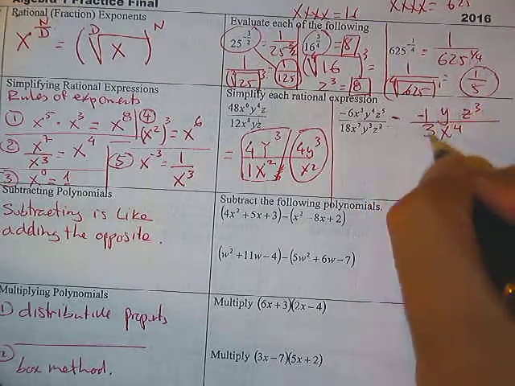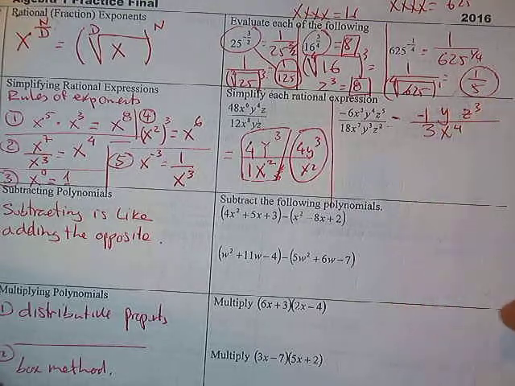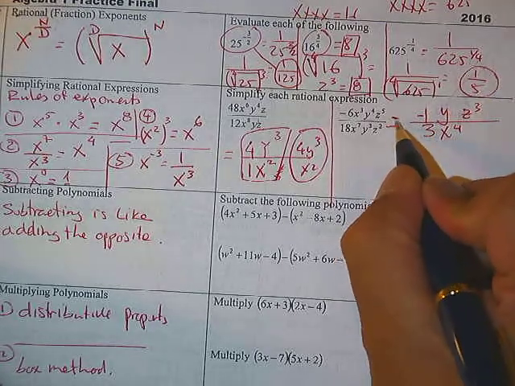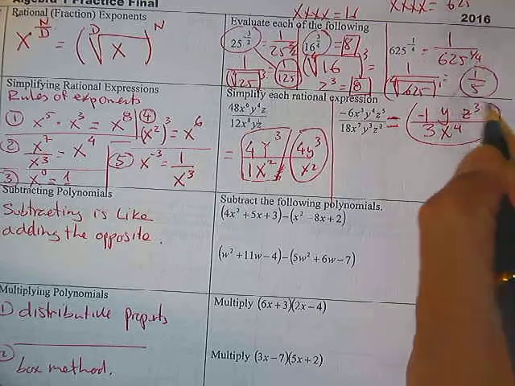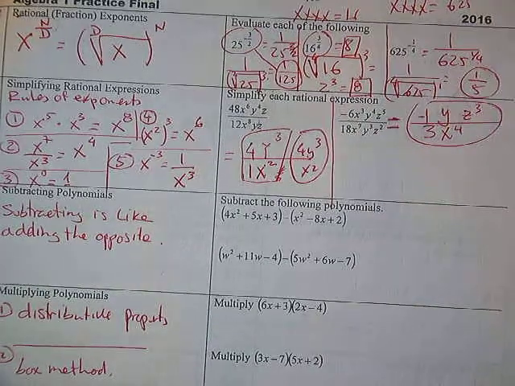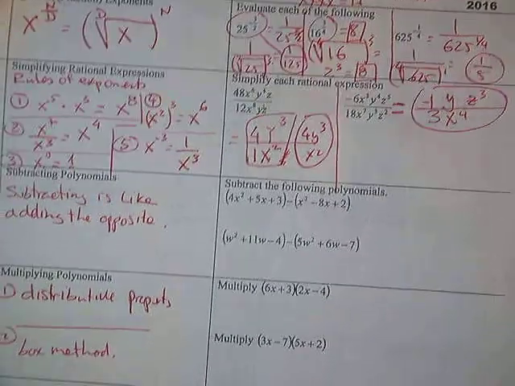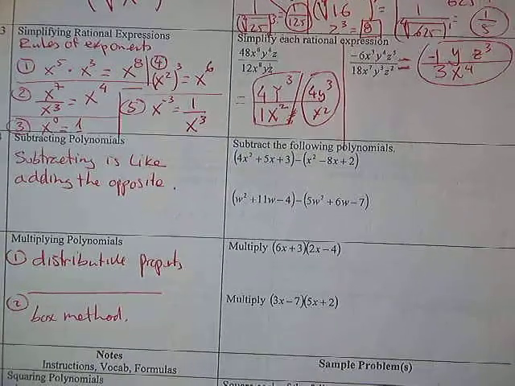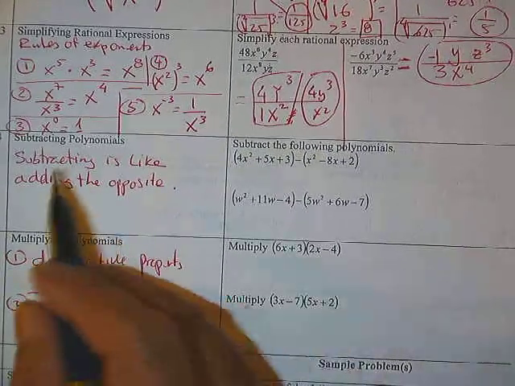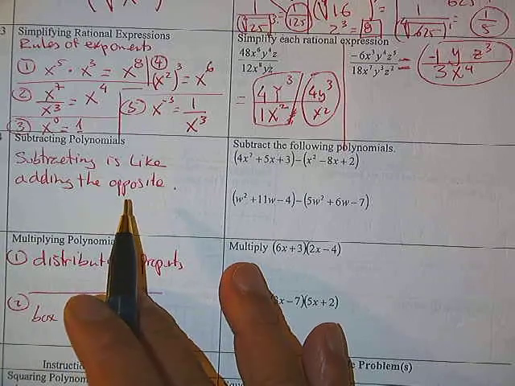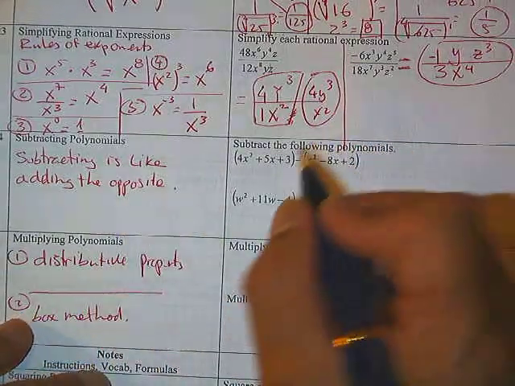And then z to the 5th, z to the 2nd, we subtract 5 minus 2, that's just going to be z to the 3rd. So negative 1, all that. I suppose you don't need to write the negative 1, you just have to write the negative sign. Anyway, I'm sticking with that answer.